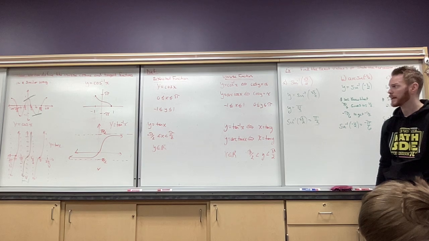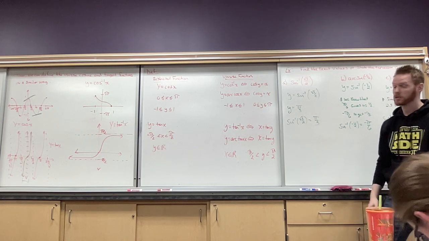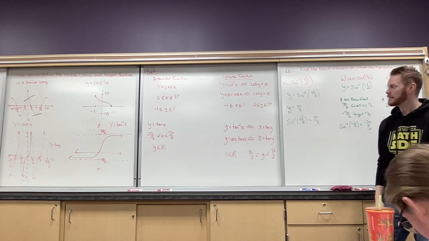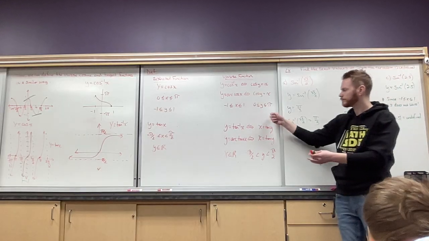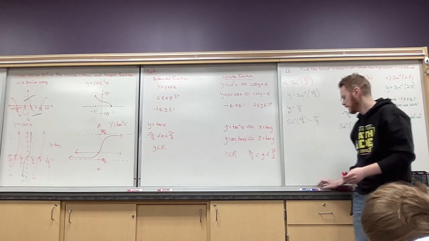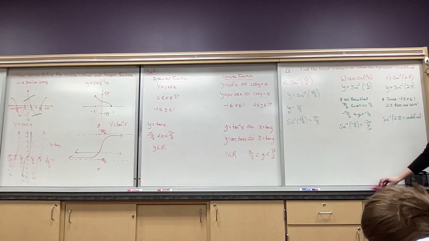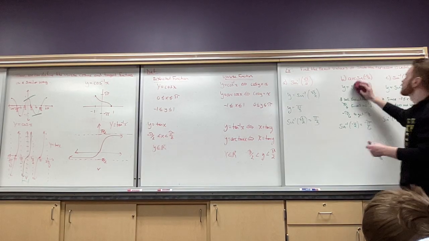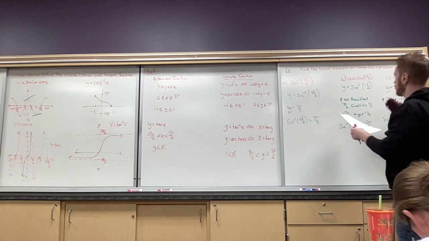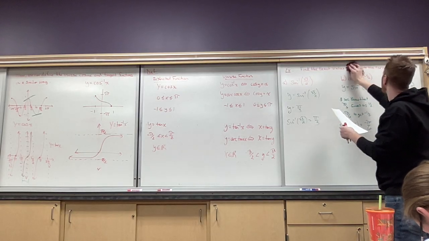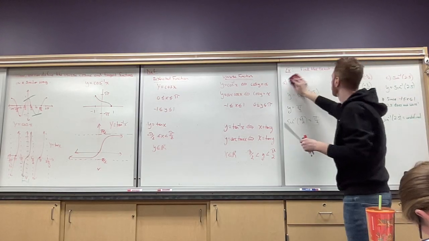Absolutely, and we'll talk about how to do that. We're going to use reference angles, so it's very important to know what these are, and what quadrants you're in. We just need exact values.